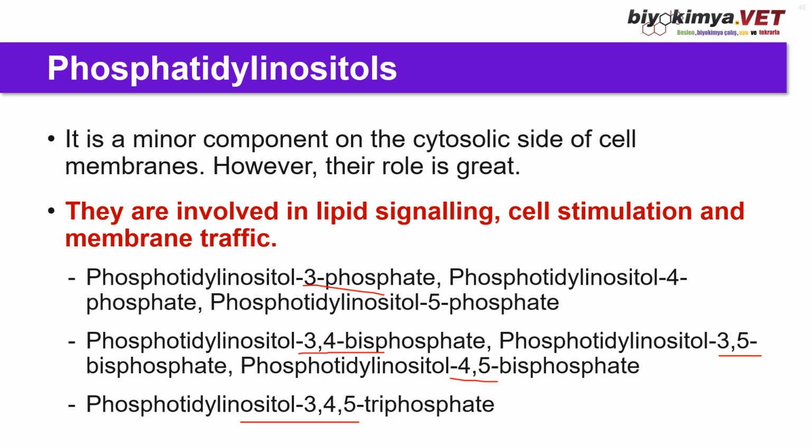So these phosphated derivatives act at various levels to regulate cell structure and metabolism. For example, phosphatidylinositol 4,5-biphosphate on the cytoplasmic face of plasma membranes serves as a reservoir of messenger molecules released within the cell in response to extracellular signals that interact with specific surface receptors.